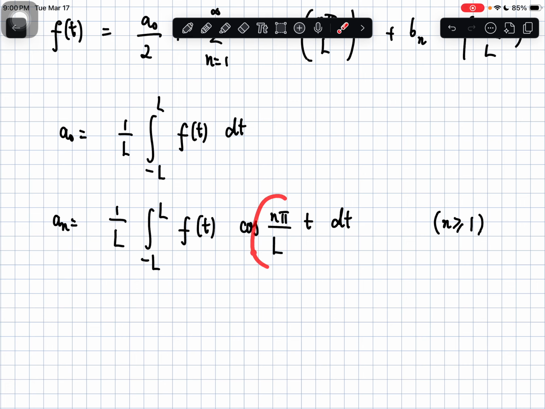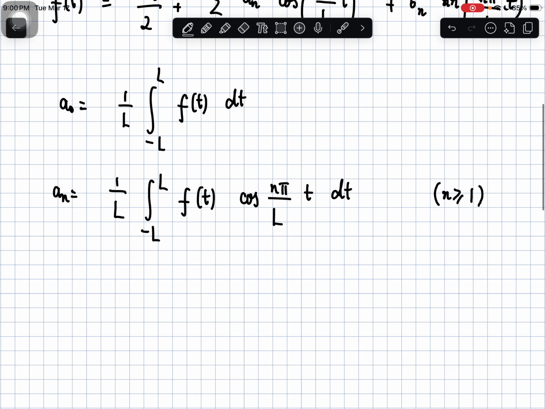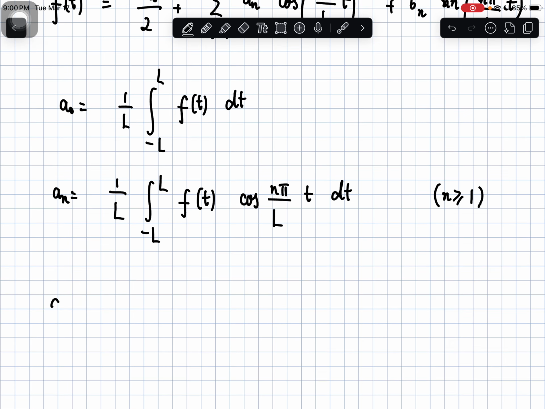So this one will be cosine of 0, which is 1. So that implies this formula. And we have bn, 1 over L integral from minus L to L of f(t) sine(n pi over L t) dt.